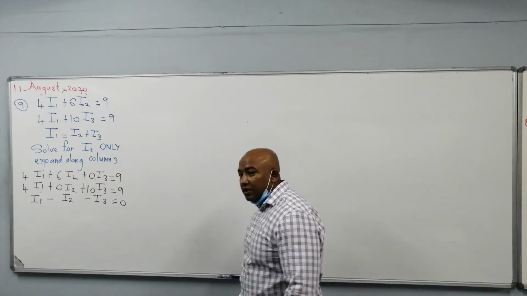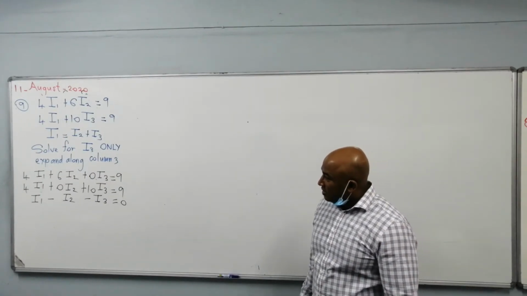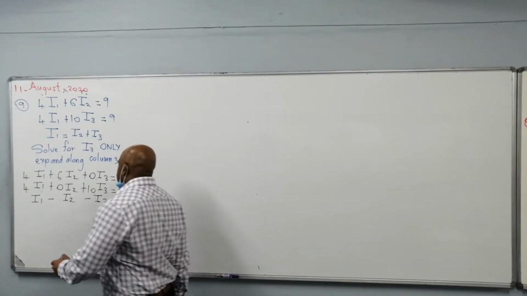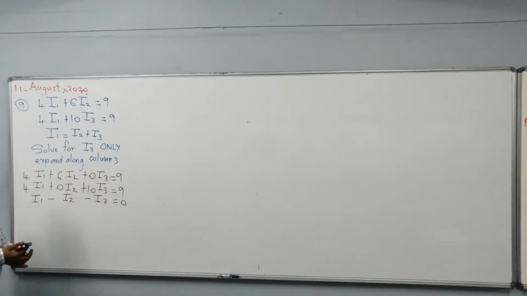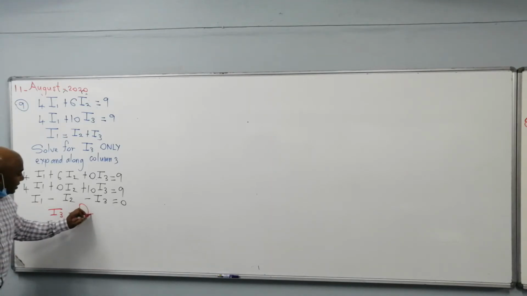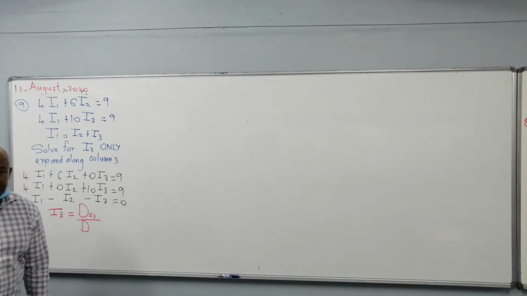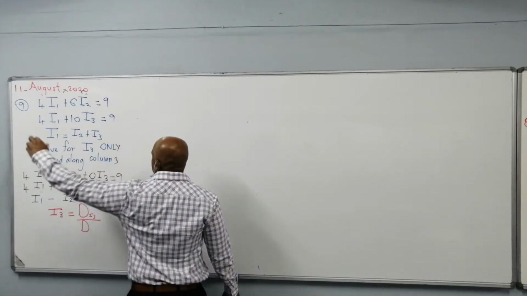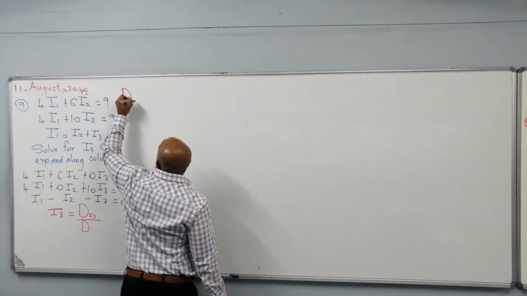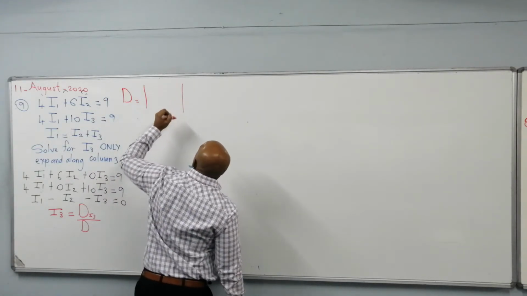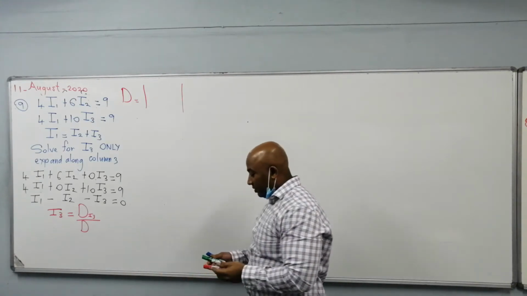Right, so now we have all those equations in order. So we're working out I3, so we know the formula for I3. I3 is going to equal DI3 over D. So let's find D first, the determinant of the coefficients of I1, I2, I3.